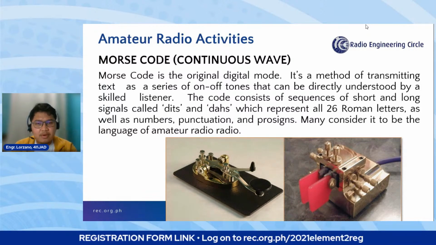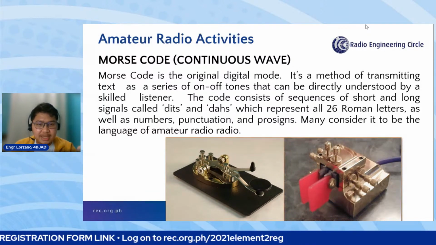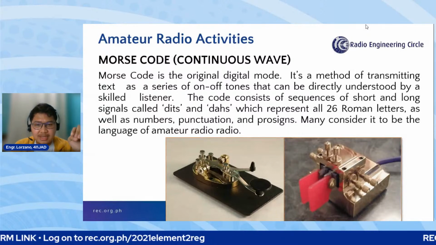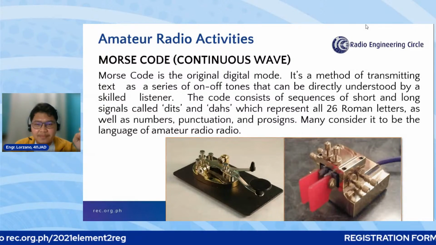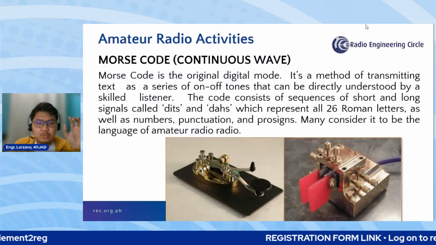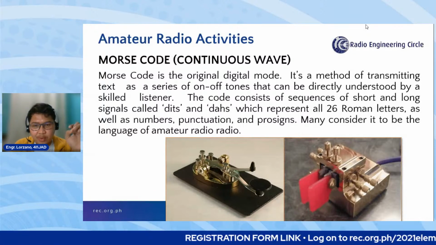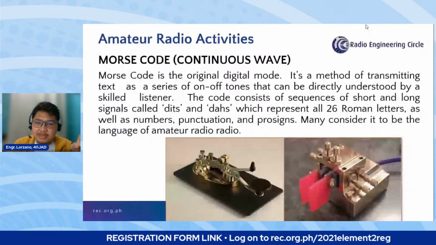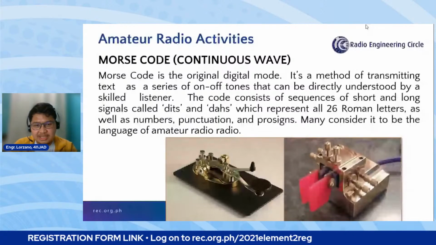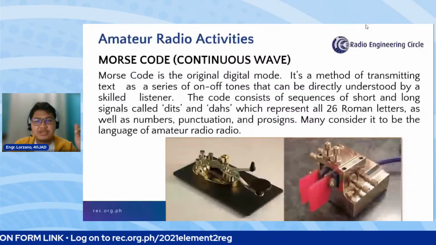The code consists of sequences of short and long signals called dits and das, which represents all 26 Roman letters as well as numbers, punctuations, and prosigns. Many consider it to be the language of amateur radio.